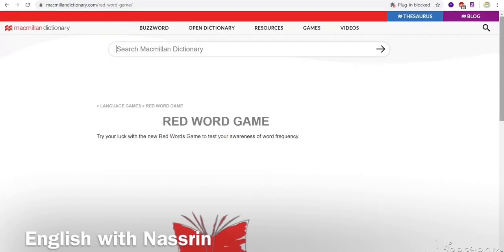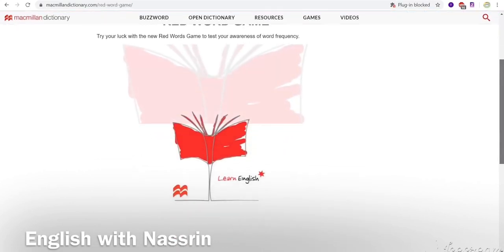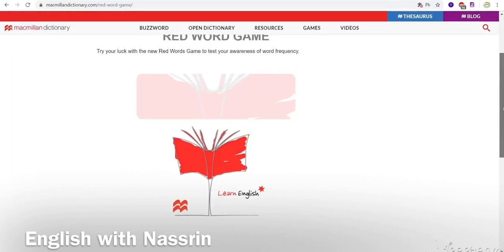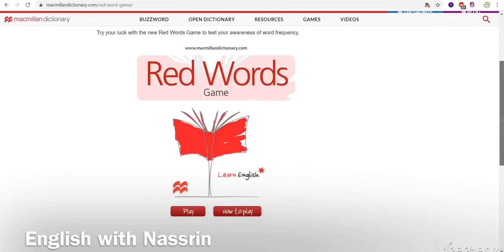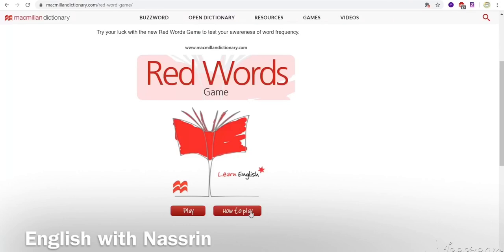This is an excellent English language game for English language learners to test and check their understanding of high frequency words. That means words that are used a lot by native English speakers, because it's estimated that native English speakers use about 7,500 words in both speech and writing.